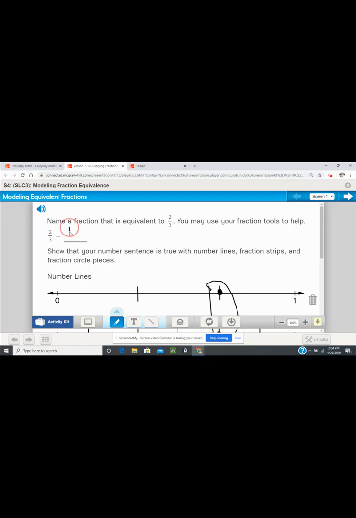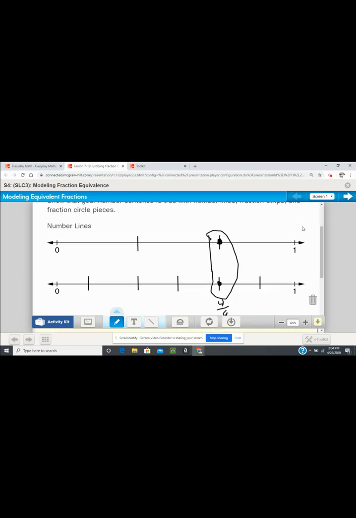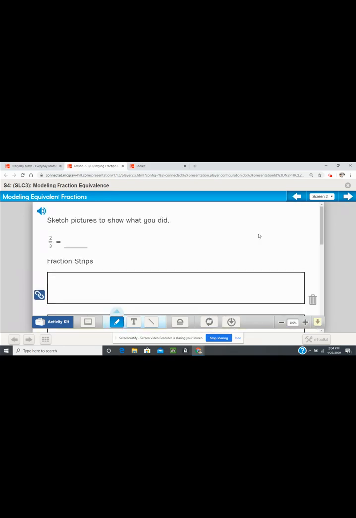And I'm going to write that in right here, 4/6. Numerator is 4, denominator is 6, telling me that I have 4 pieces of those 6 is equal to having 2 pieces of 3.